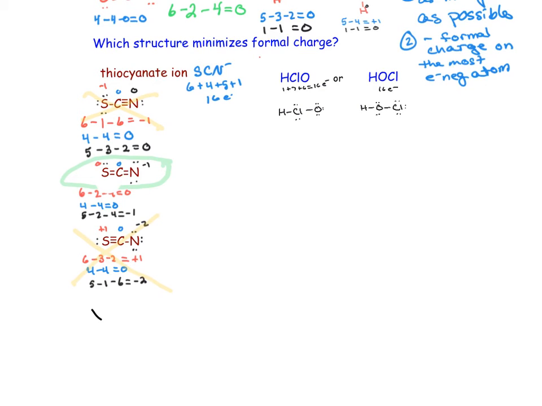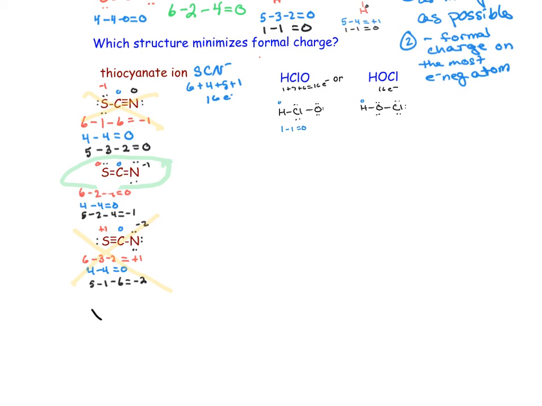Now our question is, are we better off with the chlorine in the center or the oxygen in the center? And we're going to use formal charge to figure it out. So the first thing I'm going to look at is hydrogen. Hydrogen is always going to have a 0 because it's always going to be 1 electron minus 1 bond. So that doesn't help us.